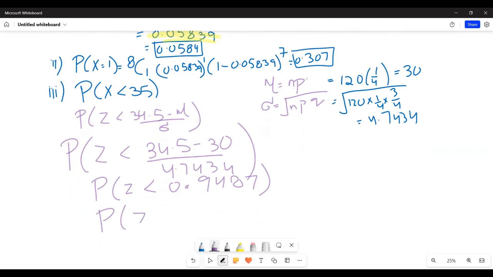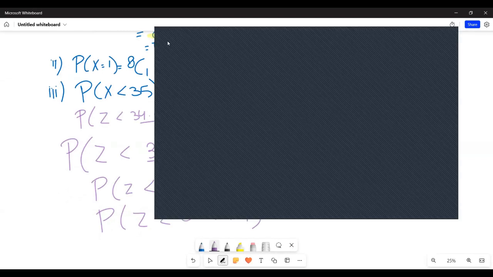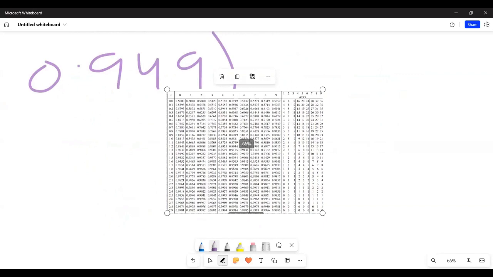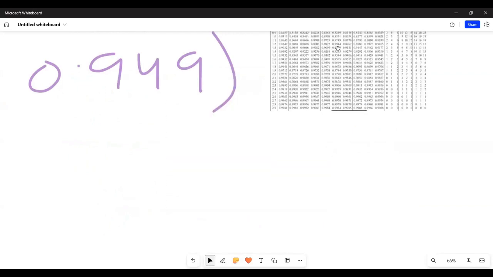So probability Z is less than 0.949. Okay, let's read from the table. 0.949.